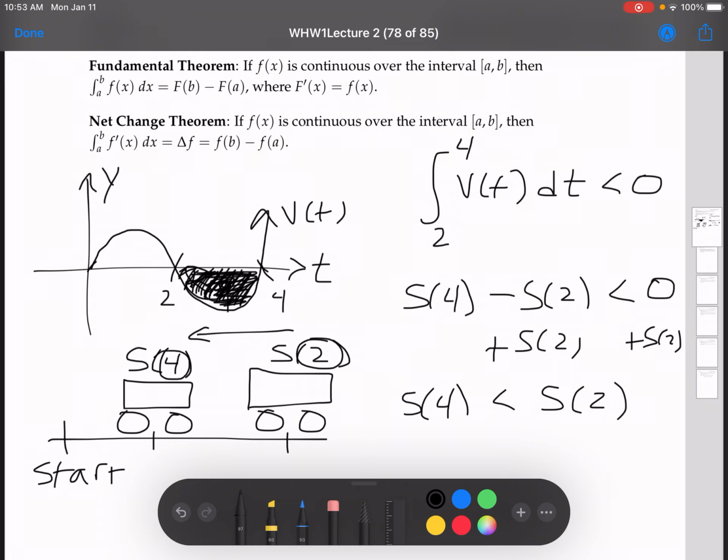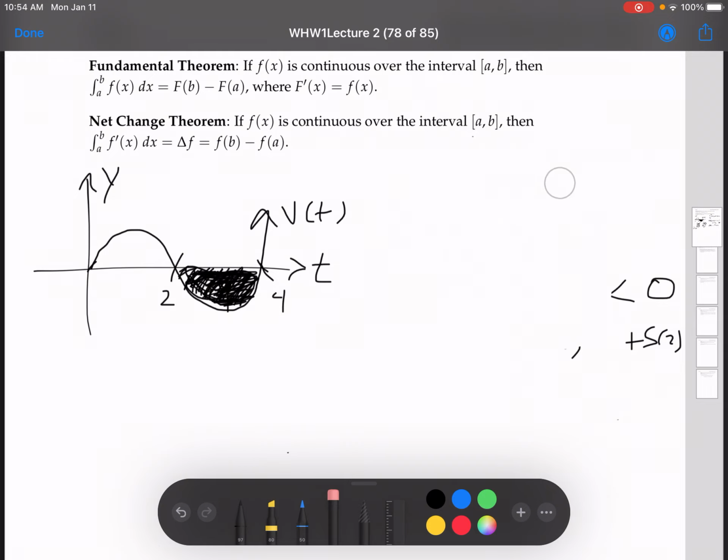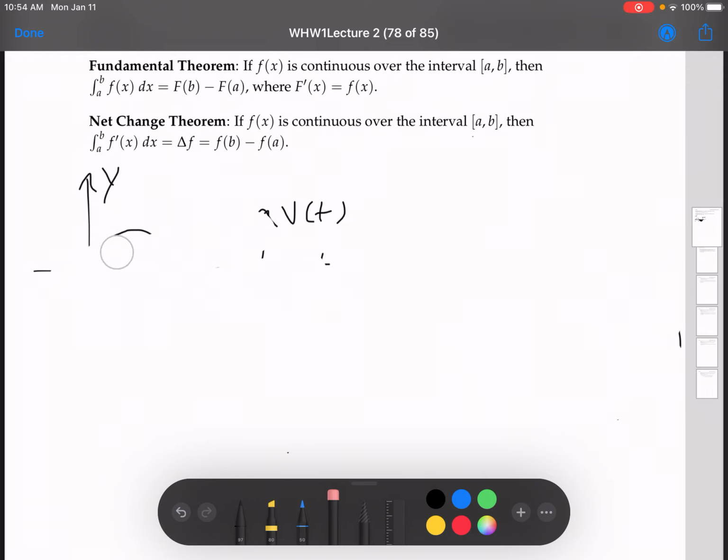So we're moving to the left. The point here is that, within this context of velocity and position of this cart rolling on a flat surface, area below the t-axis talks about a change in position moving to the left. So below is moving to the left, above is moving to the right. Let me really hit home this point.